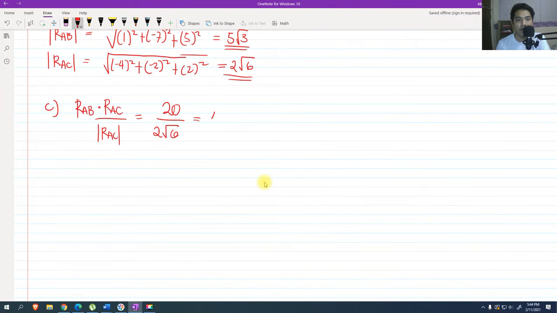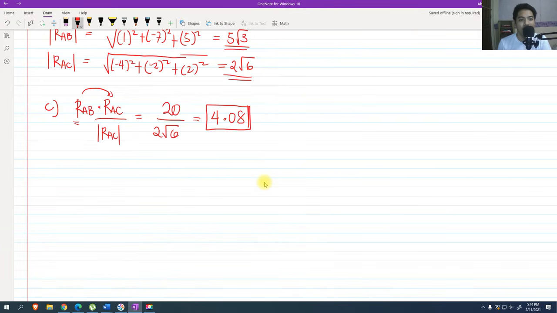Simplifying, we have 4.08 in 2 decimals. So that's the length of the projection of RAB onto RAC. If we wish to get the scalar projection of RAC onto RAB, we need to change the denominator to the magnitude of RAB.